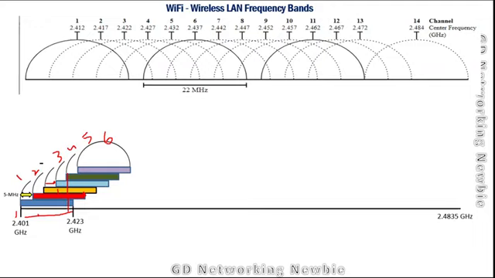If I bring down this channel, let's say this is channel number 6, it is not interfering with channel number 1, as shown here. You can see channel 1 and channel 6, as well as channel number 11, are not interfering with each other. They are not stepping into each other's channel.